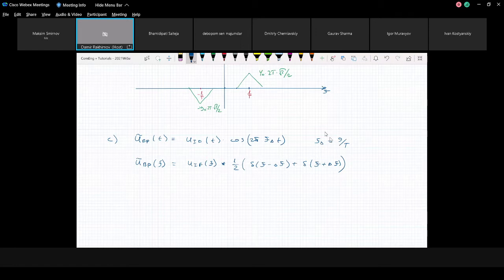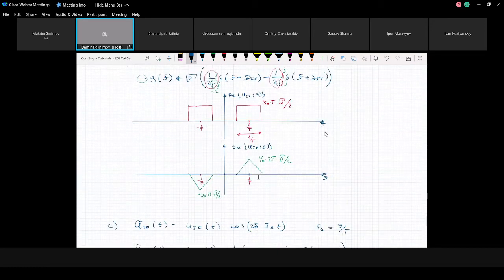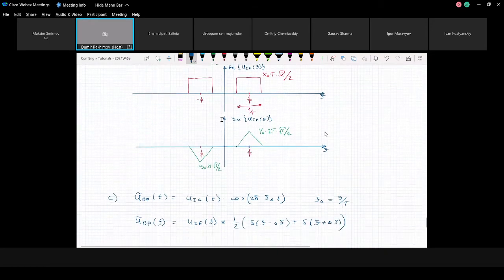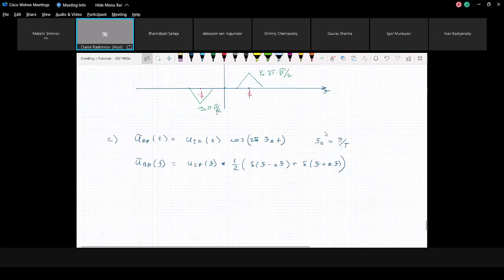So we have this spectrum, and we have to shift it, because this is a cosine, to the right and to the left by the same quantity, 9/T.